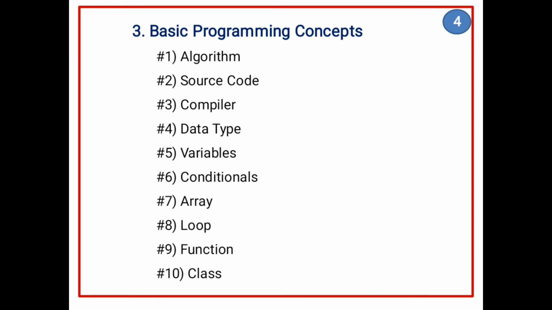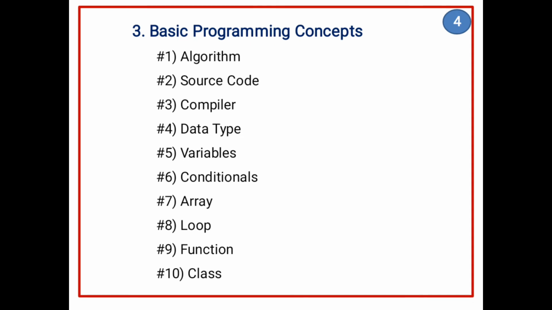Now, the next topic is basic programming concepts. Developers should have essential knowledge of the following concepts to become skilled in computer programming. These are the basic concepts we use to develop a program.